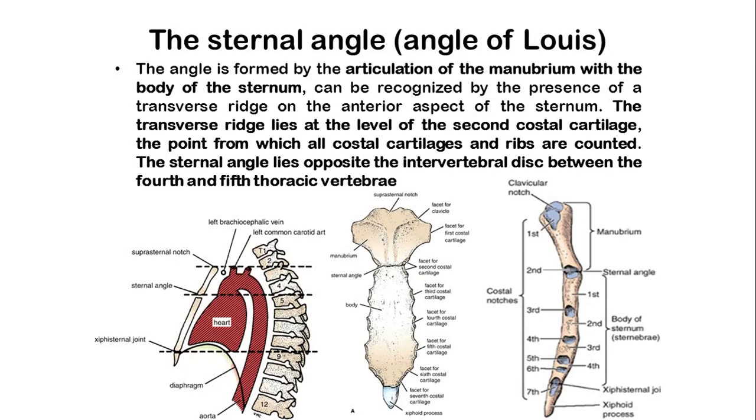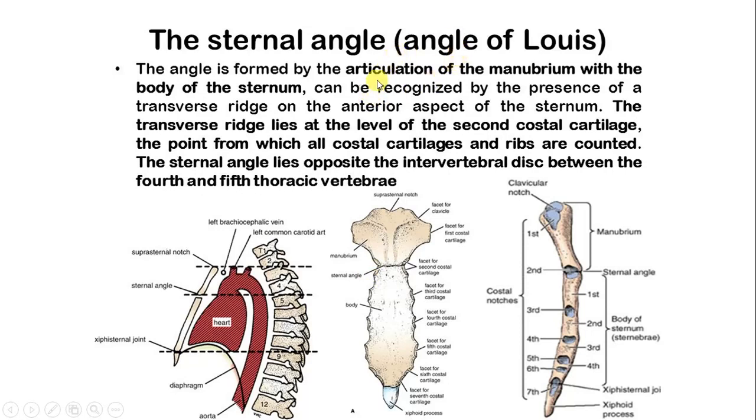You will feel a projected part, which is the sternal angle. In some persons it is more projected, in some not as much. The jugular notch lies between the second and third vertebra, and the sternal angle lies at the level of the intervertebral disc between the fourth and fifth vertebra.